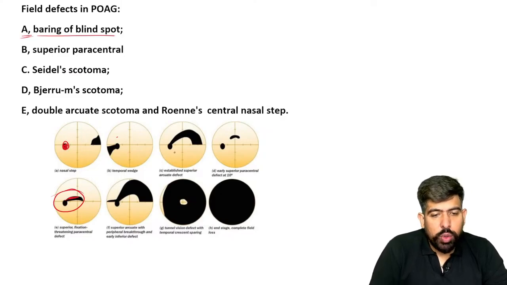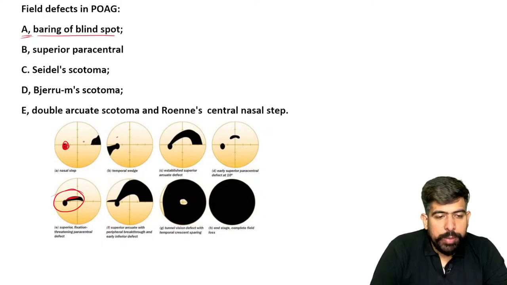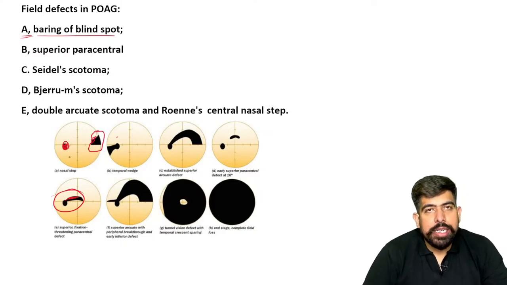After this paracentral scotoma, on the other hand, we can see a nasal step, right? What is the meaning of nasal step? You can see over here, on the nasal side, a step-like structure. This is known as a nasal step.